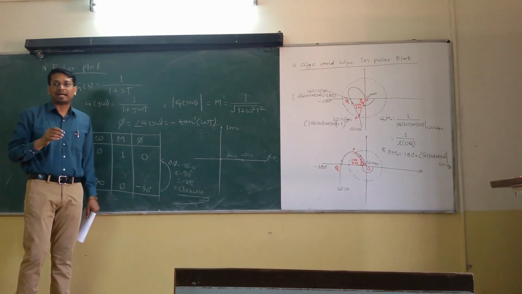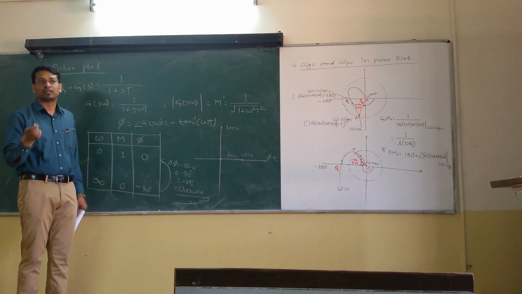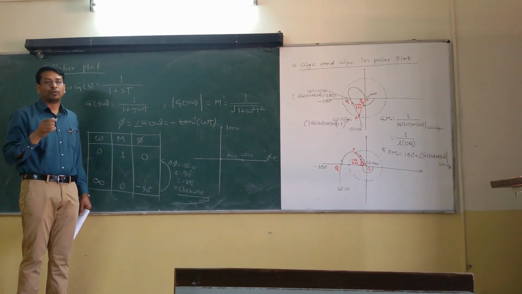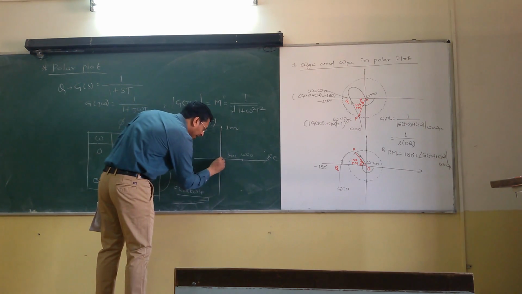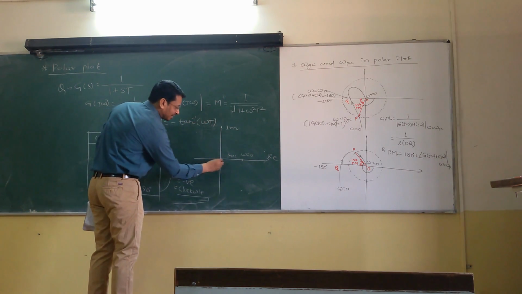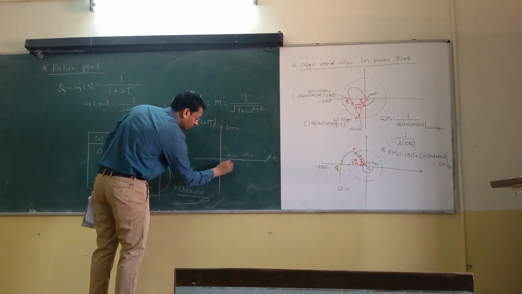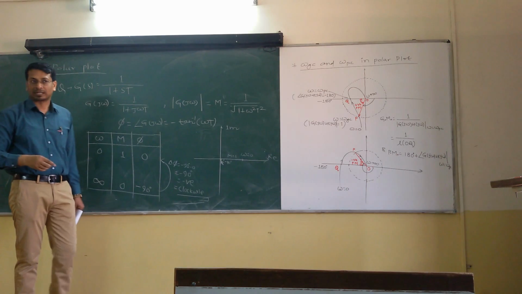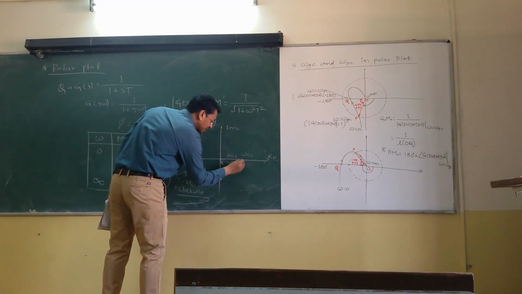But you know that you can't put omega equal to infinity; rather, you will take omega tends to infinity. So the magnitude will tend to 0, and the angle will tend to minus 90 degree, because if you measure this angle in clockwise direction, it will become minus 90 degree. Correct? So I have taken this, and this point is here.